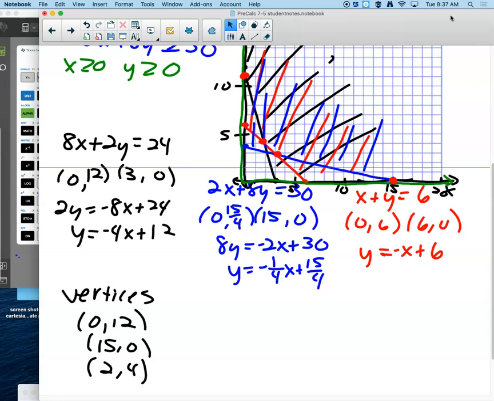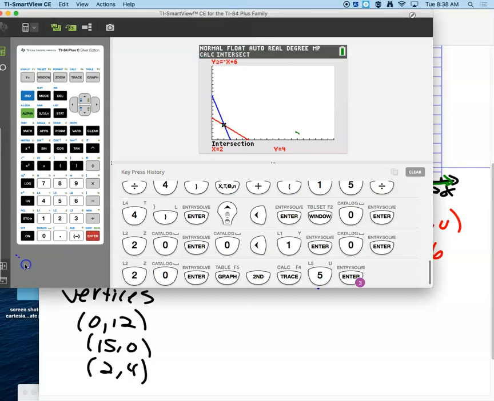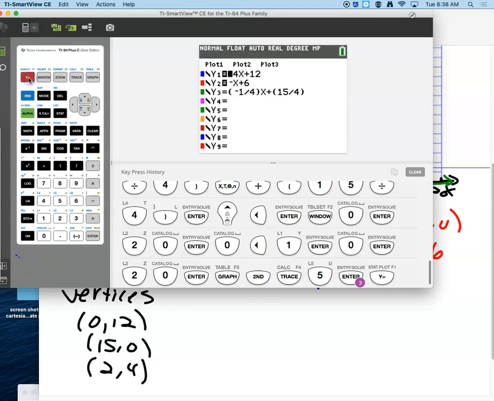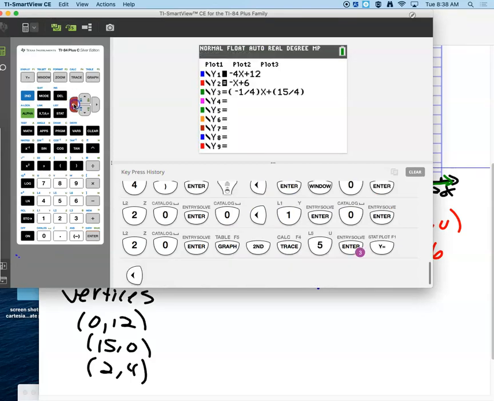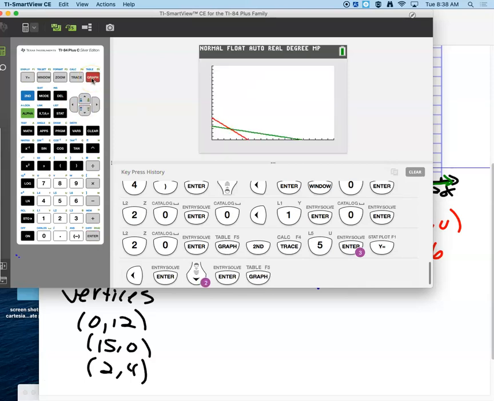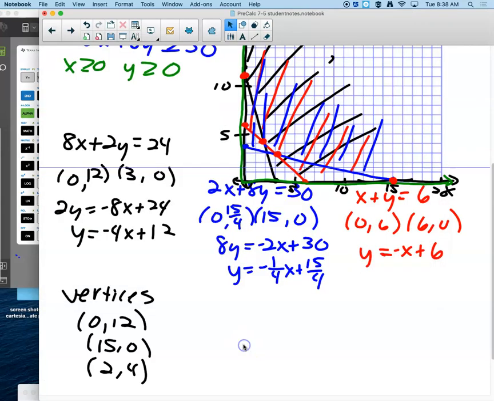All right, so we've got this one and this one. The next one for me is going to be red hits blue. So the one with the fractions in it and the one with the 6. There they are. Second trace, number 5. Enter, enter, enter. 3, 3. There's that green again.